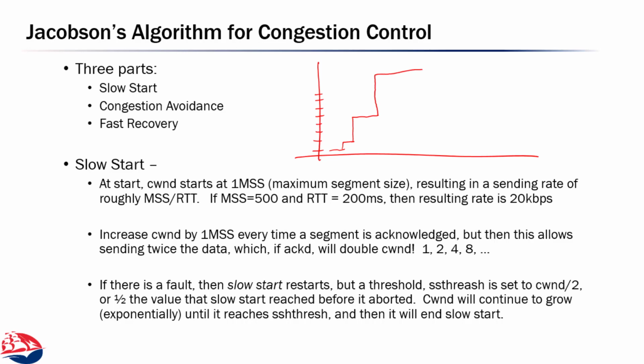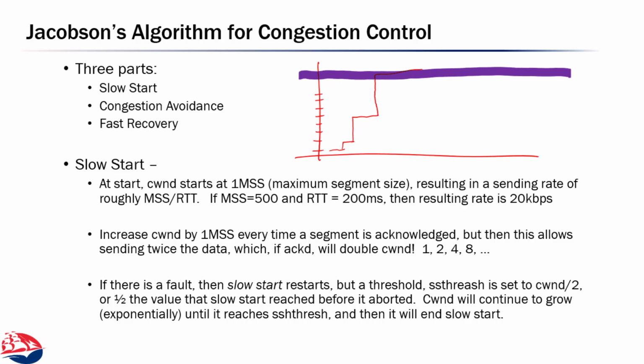But what's going to happen is if there's a fault, we're going to remember where the fault occurred. I want to remember where the fault occurred because I want to use that as an upper high water mark of this is where the bad stuff happened.